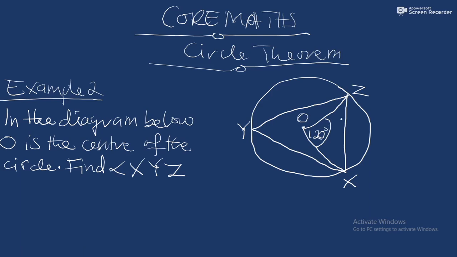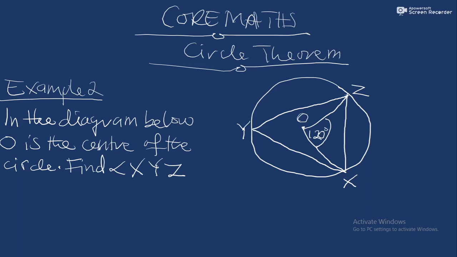So with this question, we can identify the second theorem that we learned, whereby this chord XZ formed the angle 120 degrees at the center here, and the same chord XZ is forming an angle Y at the circumference. So this diagram depicts theorem 2.